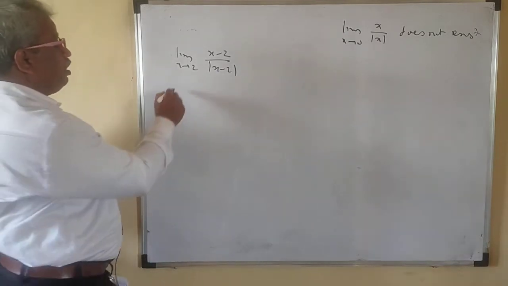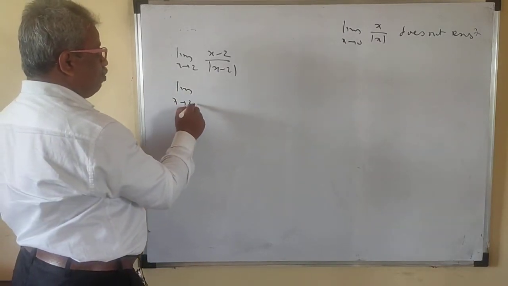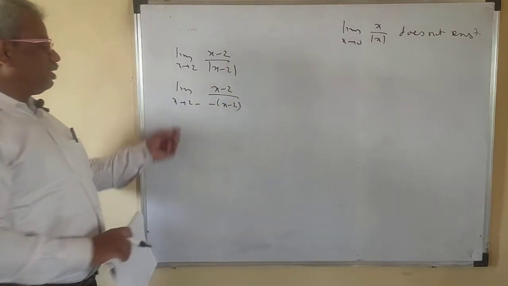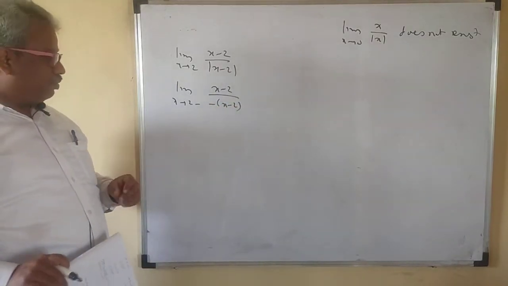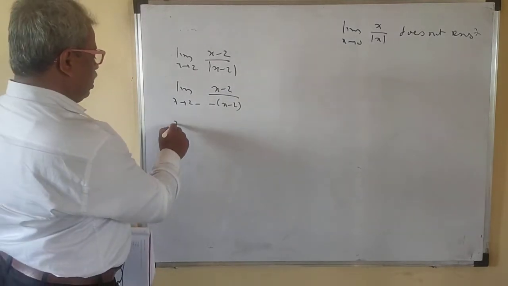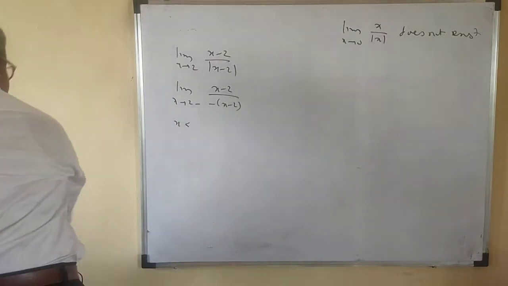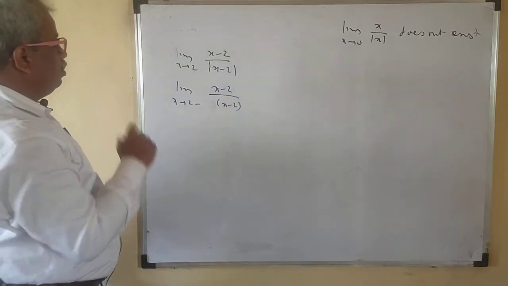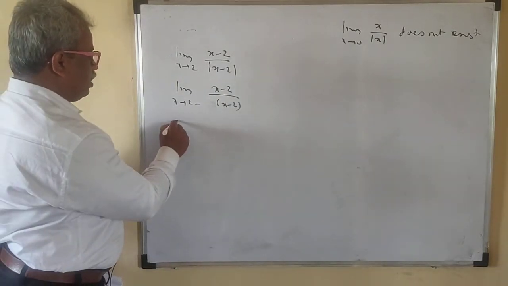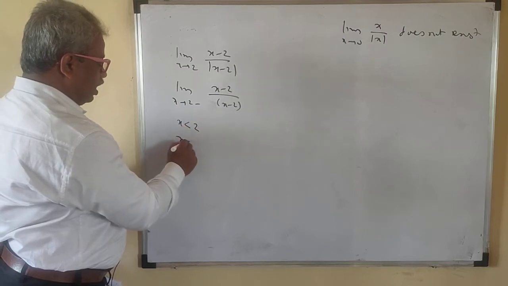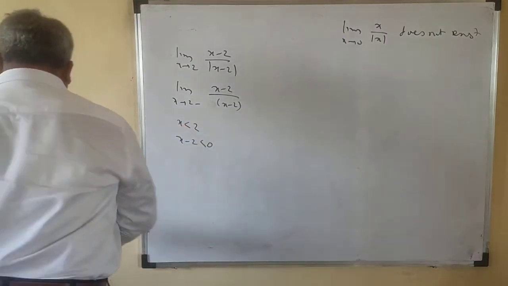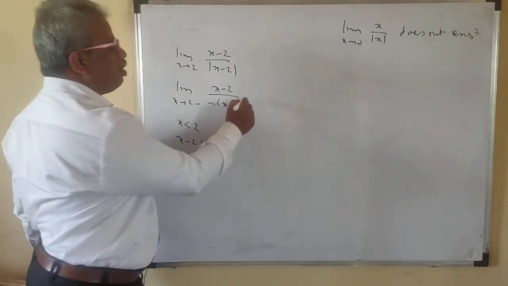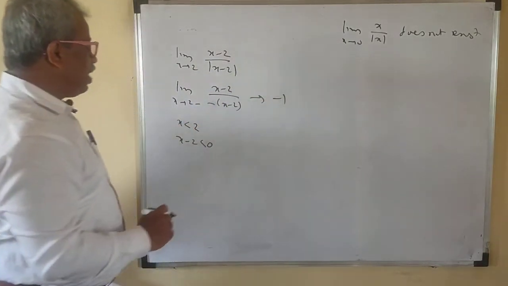For x tends to 2 minus, x is less than 2, so x minus 2 is less than 0, negative. So mod of (x minus 2) is minus (x minus 2), and x minus 2 gets cancelled. This will be minus 1.